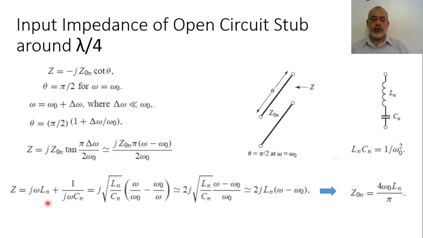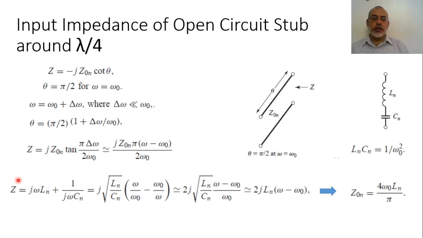So we can arrange this equation as j square root of Ln over Cn multiplied by omega times square root of Ln Cn, which is omega over omega naught, minus 1 over omega multiplied by square root of Ln Cn, which is omega naught over omega.